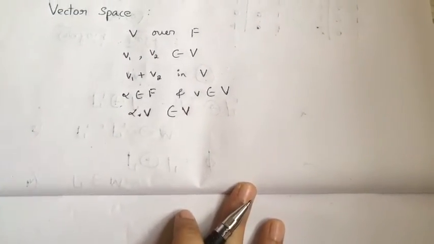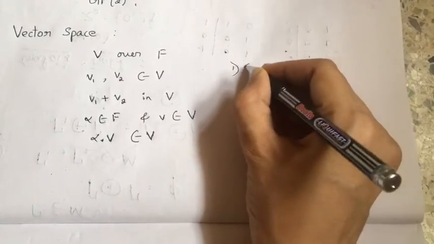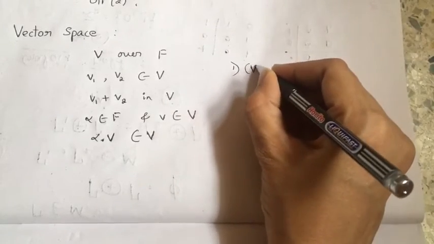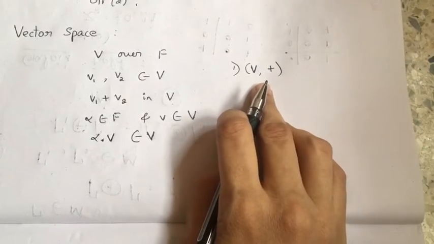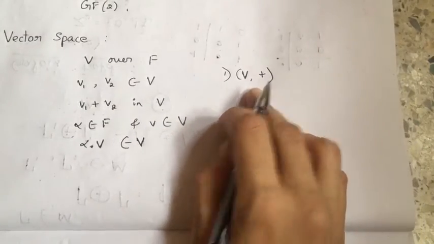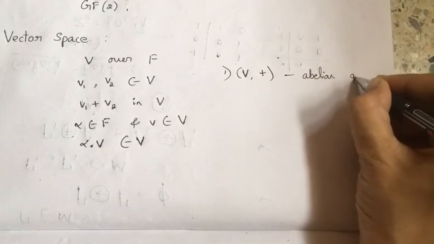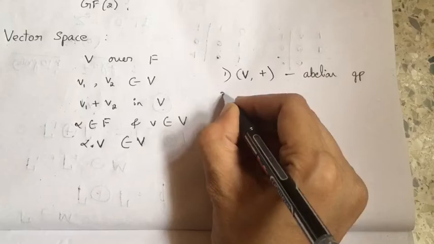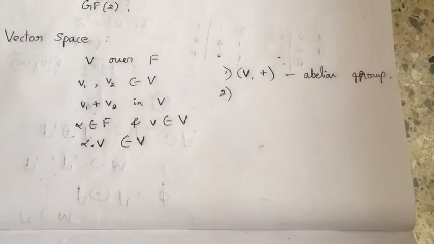What are the 5 axioms? One thing is that the set V must form an abelian group under addition.